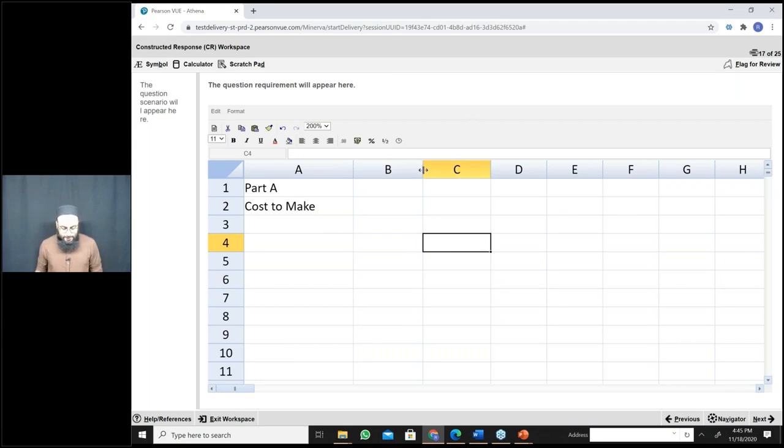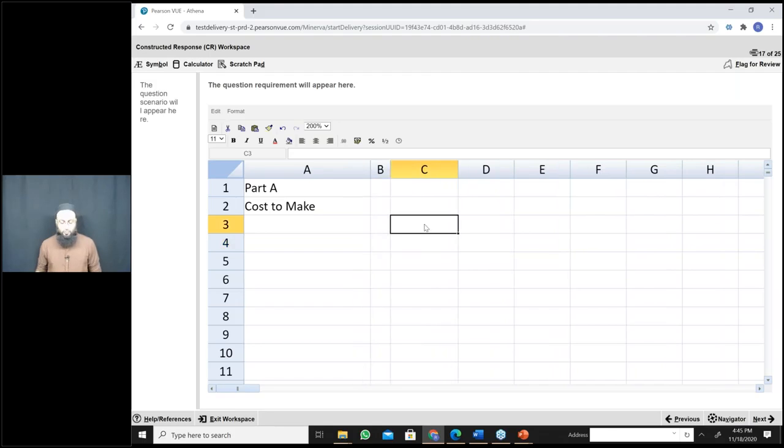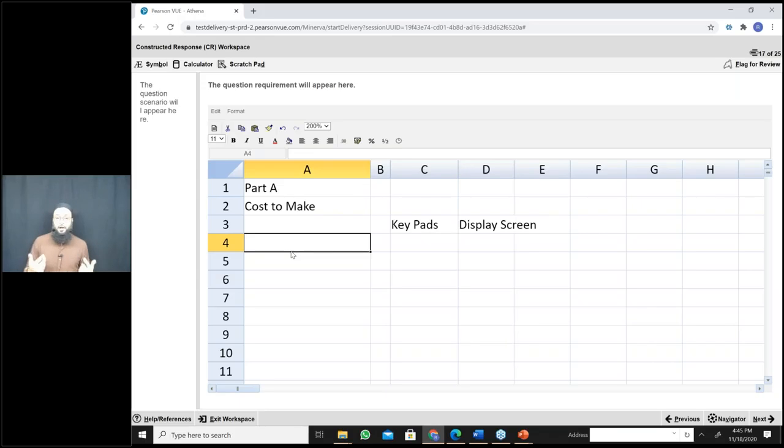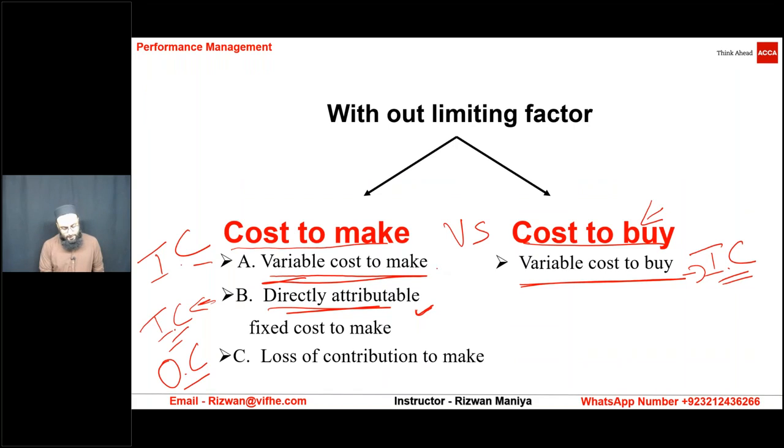So let's keep this for our reference, because the examiner does mention that you have to show the references or the labeling. So keypads and display screen. We are first calculating cost to make, and the points written here say first work out variable cost to make. So let's search for variable cost to make first.